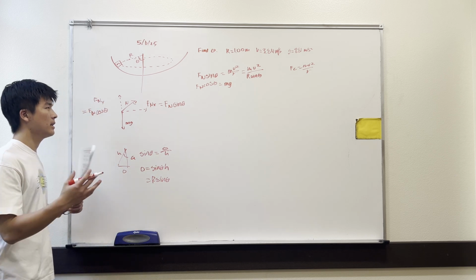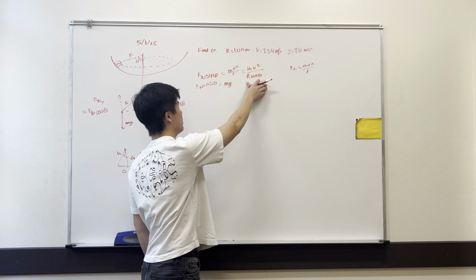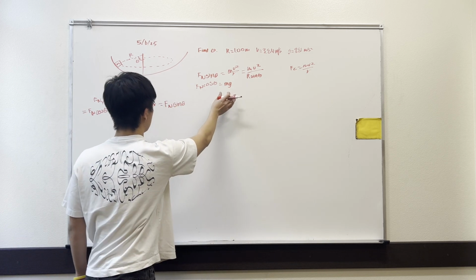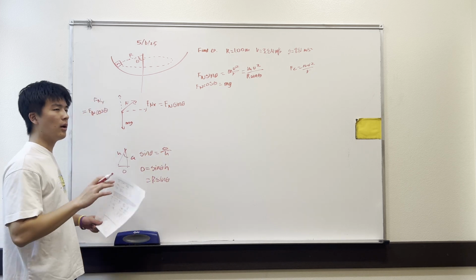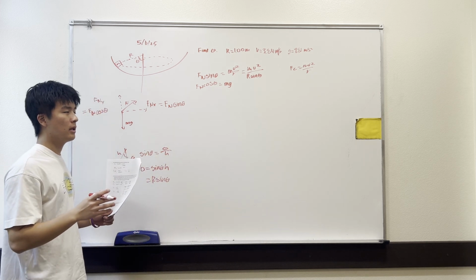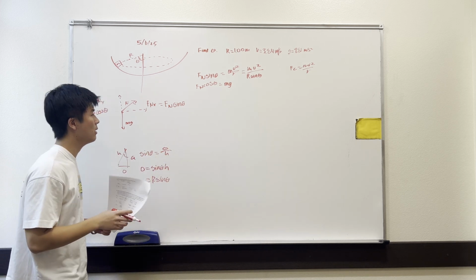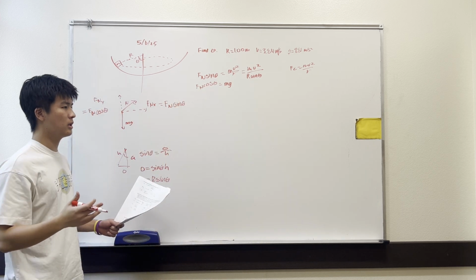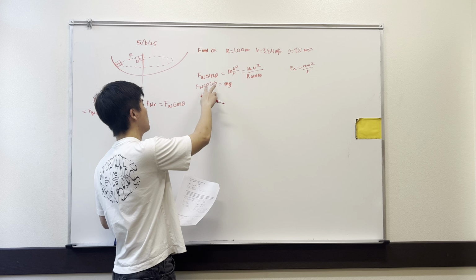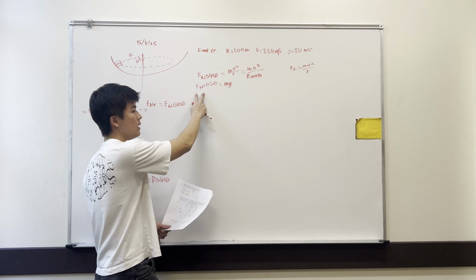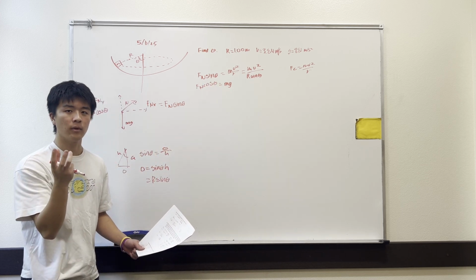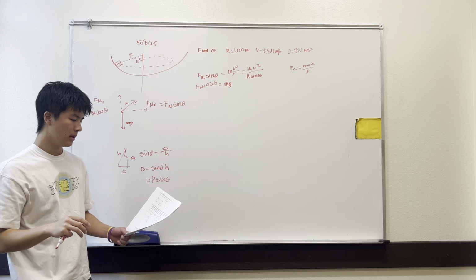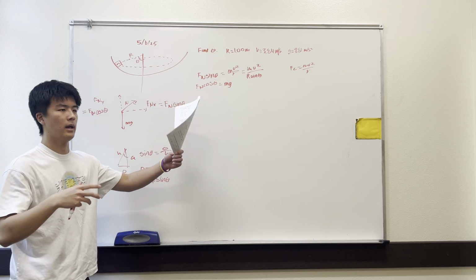So now that we have mv squared over R sine theta and mg, how do we manage to isolate theta? If you look at it here, the F_n should equal each other. The normal force itself should be the same no matter what, because these are the x and y components of that same normal force.